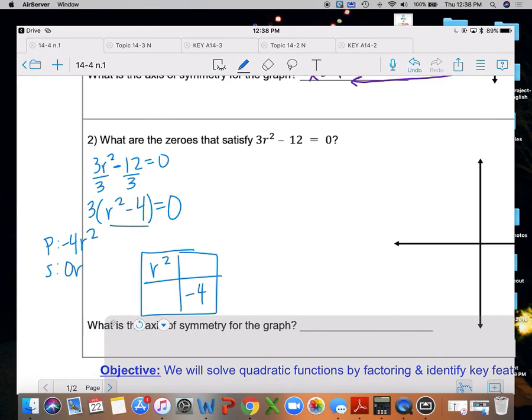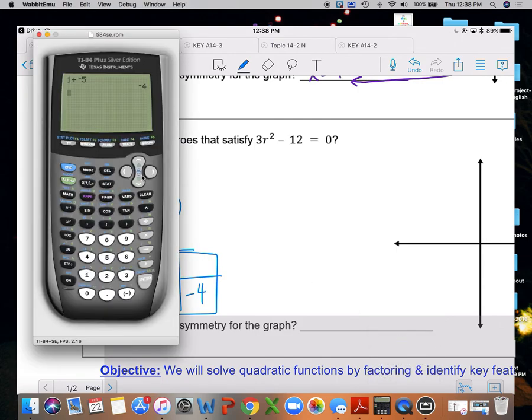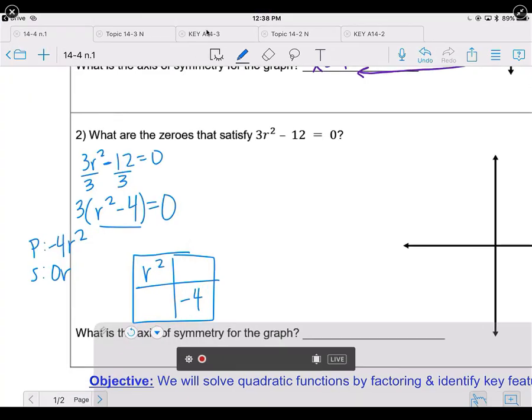So in y equals, I have negative 4 divided by x. I click on my table and I'm looking for two numbers that will cancel out. So 2 minus 2 will cancel out and give me 0. So my factors are 2 and minus 2.